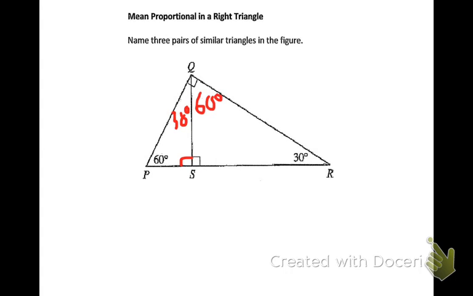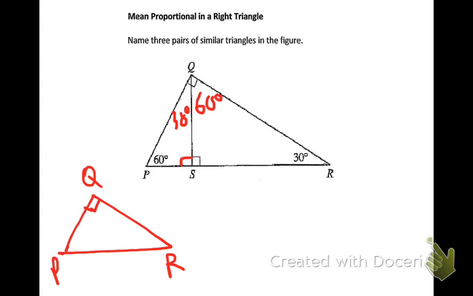I'll draw these separately. So we'll take the initial overall big triangle, right? It's PQR, and then we take the medium-sized triangle, and in the medium-sized triangle I've kind of got to turn it around.